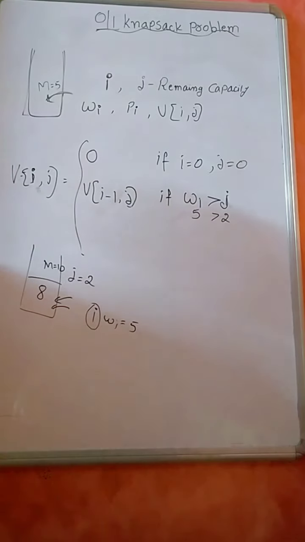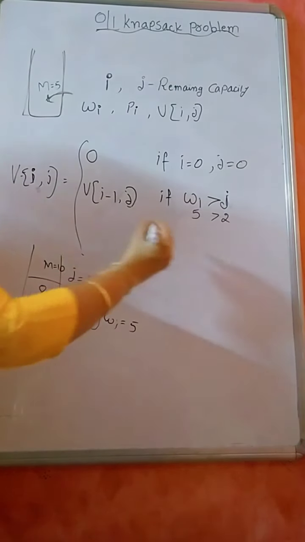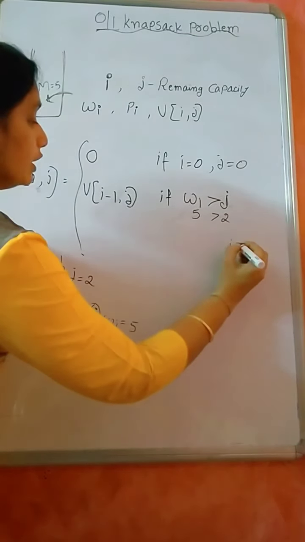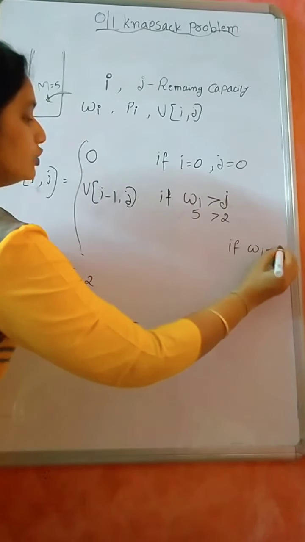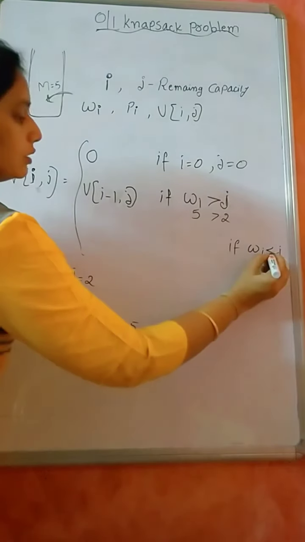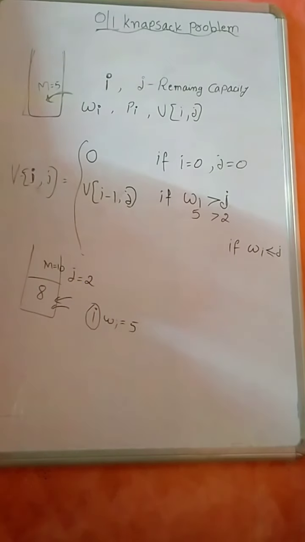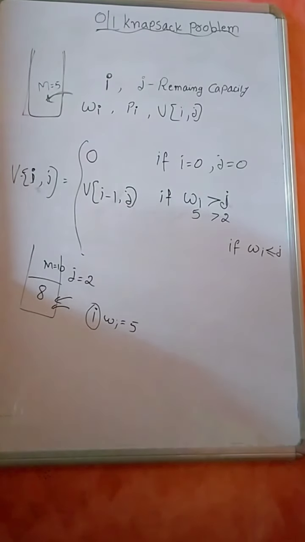Now the third condition is, if the weight of your object is less than or equal to j, then what is the thing here? You remember one more point in the 0-1 knapsack problem.